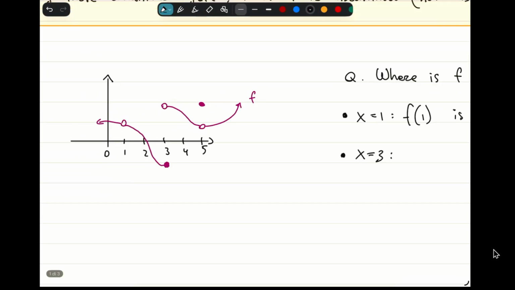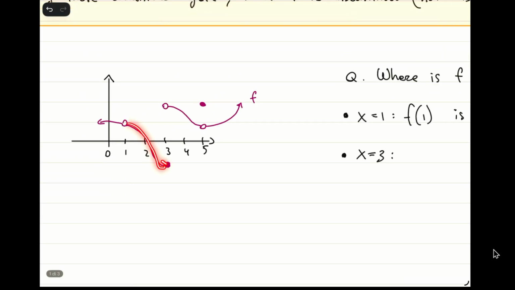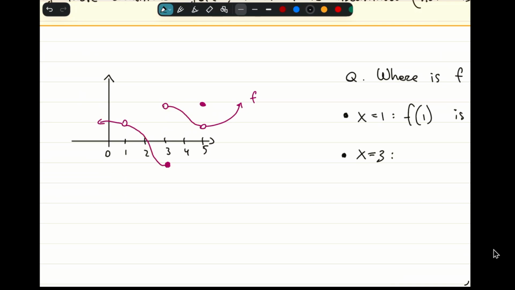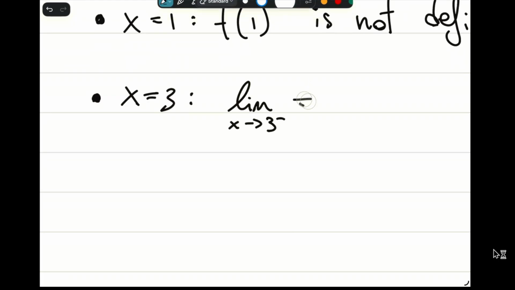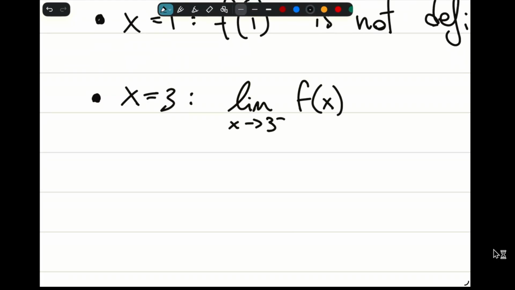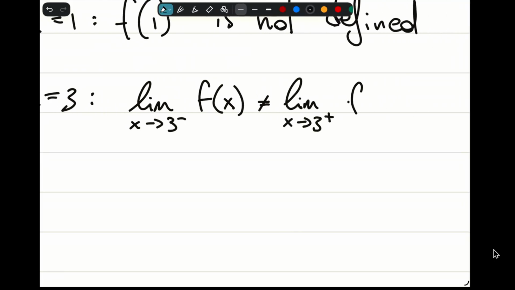What can we see? Well, we can see approaching from this side and approaching from this side gives us a different value, different height. So what does this mean? Well, it simply means that the limit as x approaches 3 from the left of f of x is different from the limit as x approaches 3 from the right of f of x.